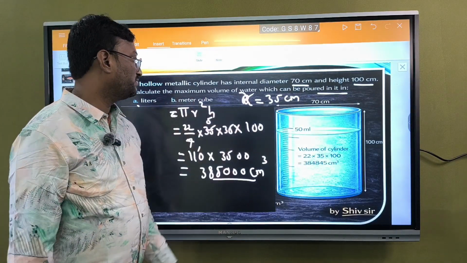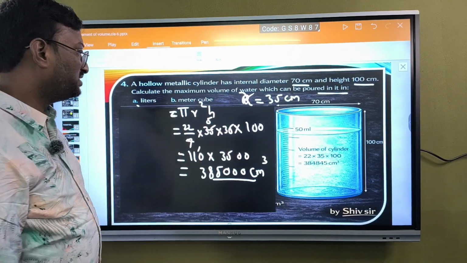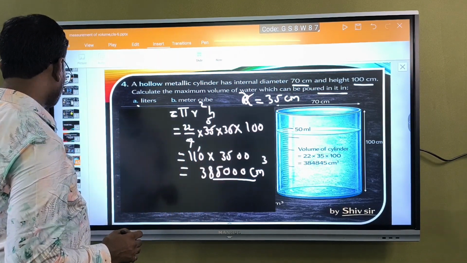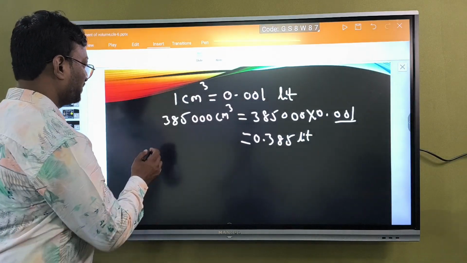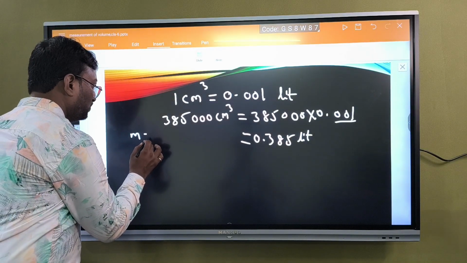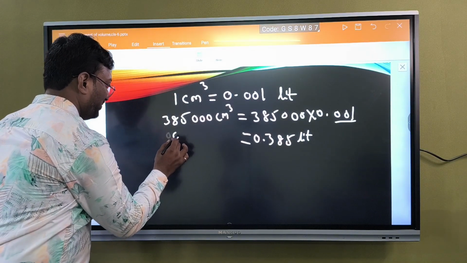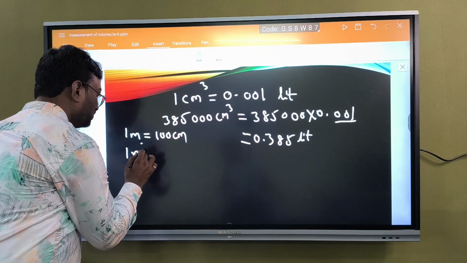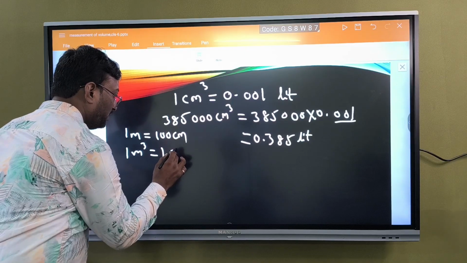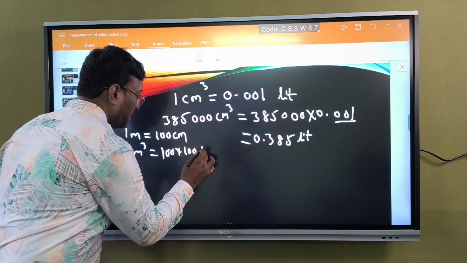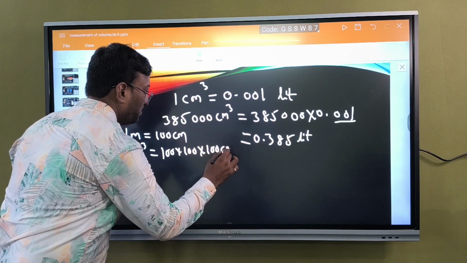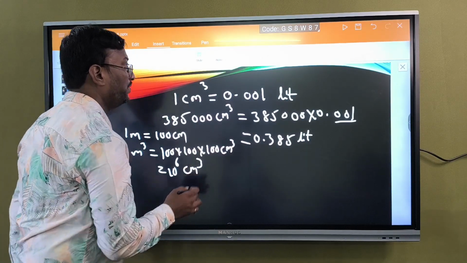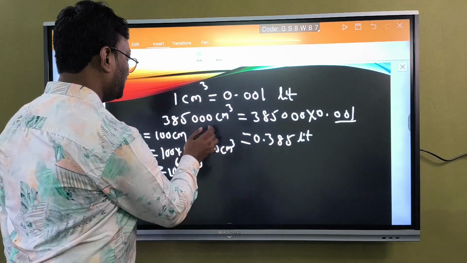Again we need the answer in terms of meter cube. For that, what do we do? 1 meter is equal to 100 centimeters, right? So 1 meter cube is equal to 100 into 100 into 100 centimeter cube, that is 10 to the power of 6 centimeter cube.